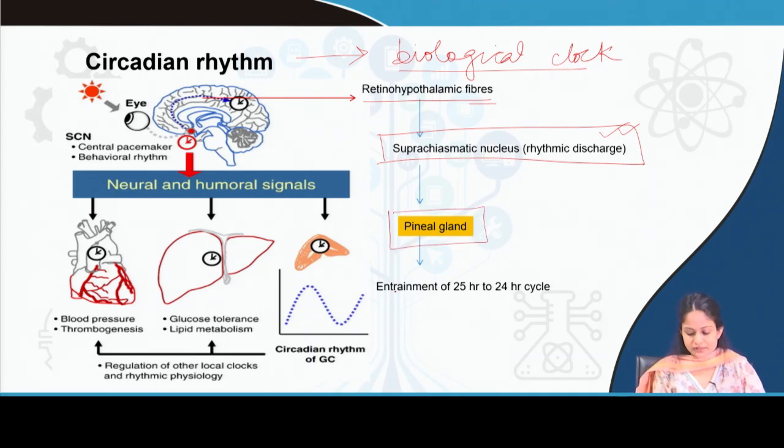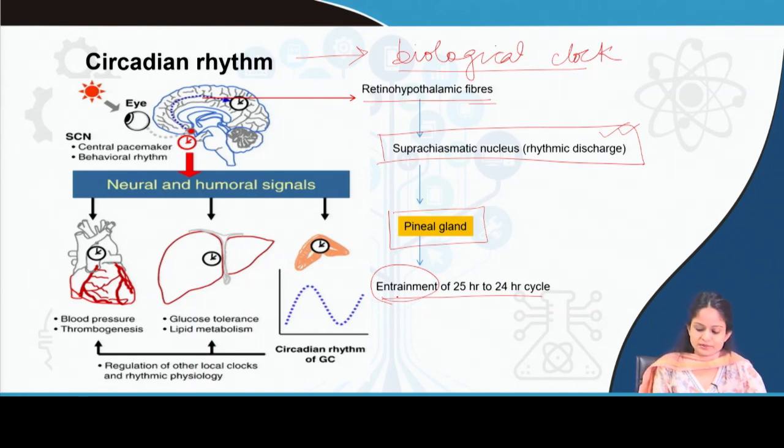This pineal gland will cause entrainment of a 25-hour cycle to a 24-hour cycle, which means normally in our body, without the intervention of the suprachiasmatic nucleus, the pineal gland with the help of melatonin maintains a 25-hour cycle. It does not maintain a 24-hour cycle, but that 25-hour cycle is converted to a 24-hour cycle, which is known as entrainment, with the help of the suprachiasmatic nucleus.